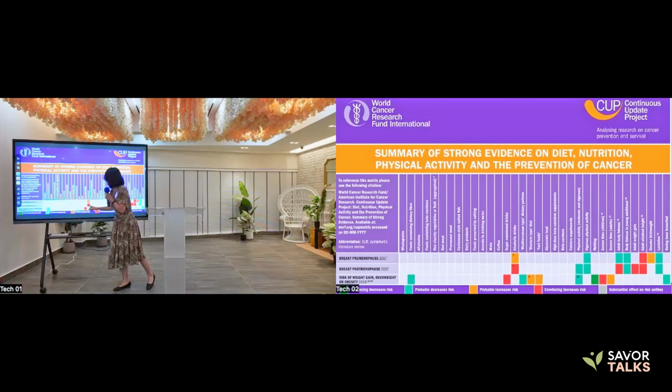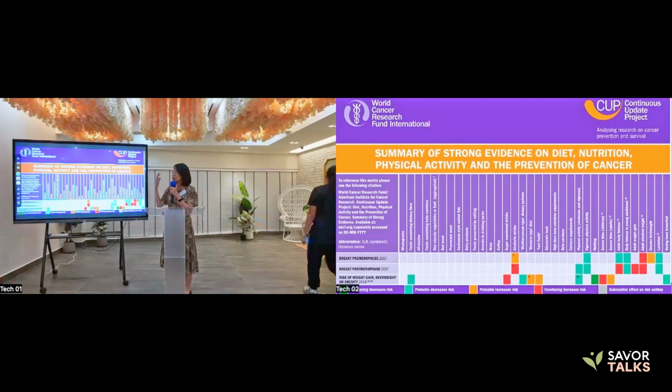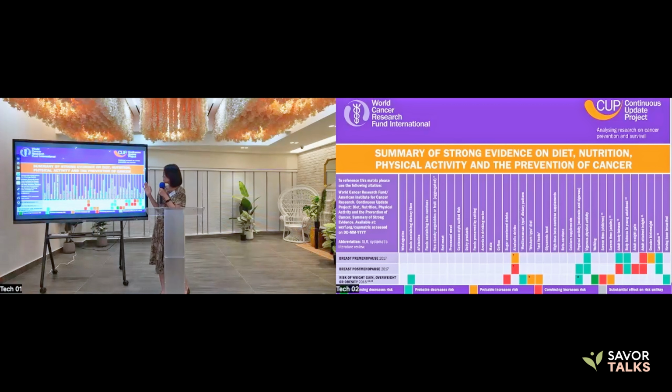If it's orange, it possibly increases risk. And if it's red, the risk is higher. It depends on the study, because some studies will tell you this is good, some will tell you it's bad. For those in red, most of the studies tell that the particular lifestyle will cause increased risk. Now we are going to see the close-up.